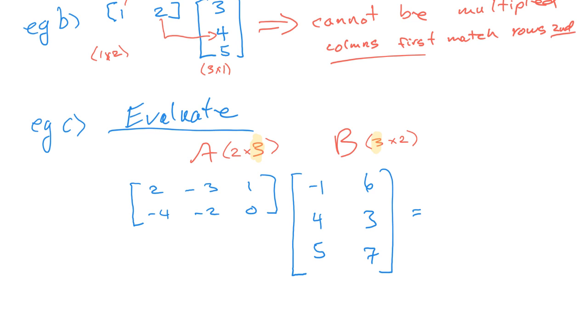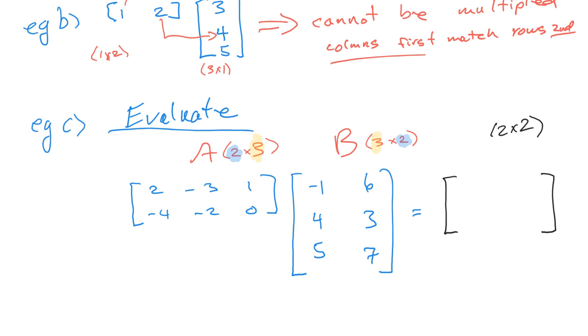The resultant matrix is always a combination of the rows from the first times the columns from the second, so we end up with a resultant matrix which is 2 by 2.